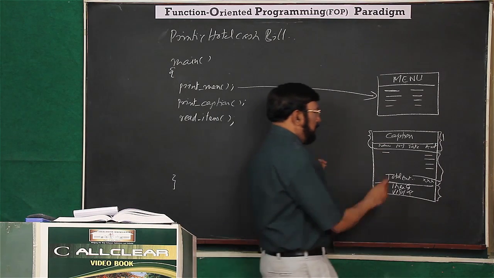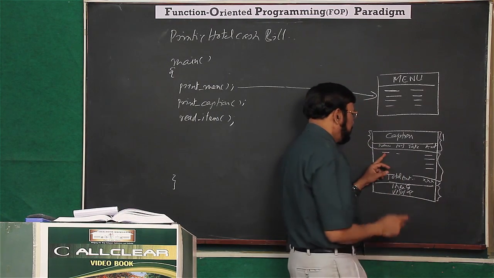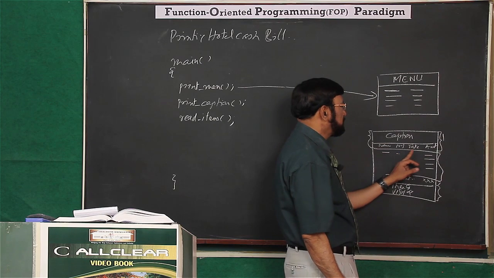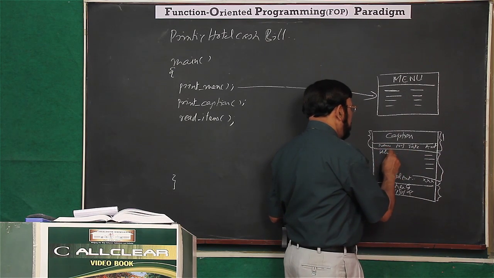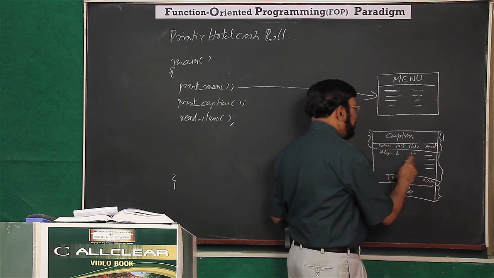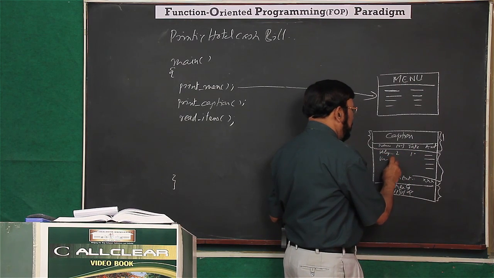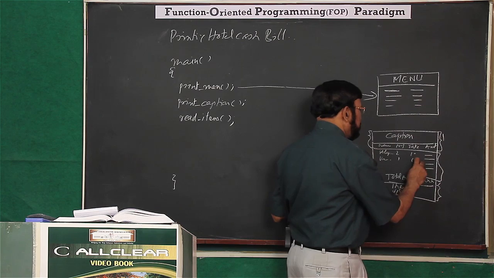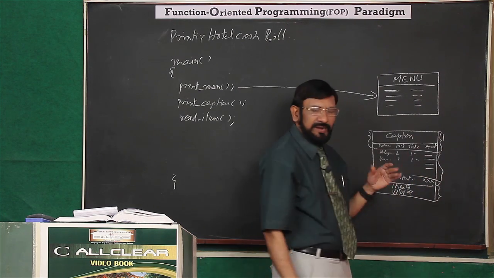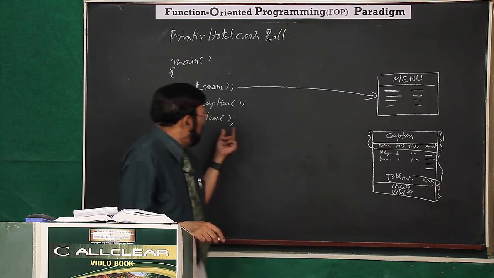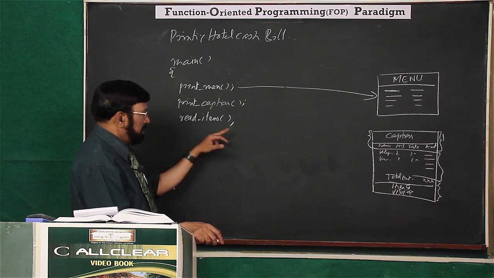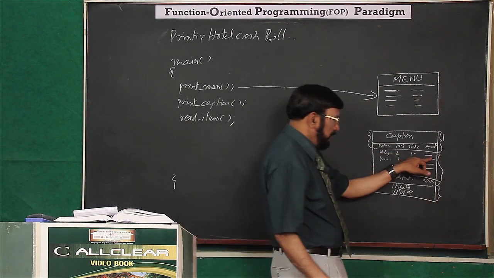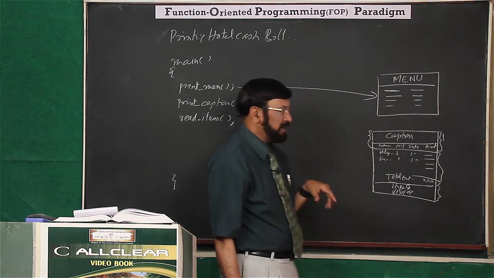Reading items, for example: idli, two numbers, rate 10 rupees; vada, one item, 15 rupees. After read items, what is required? We have to find out the itemized total.